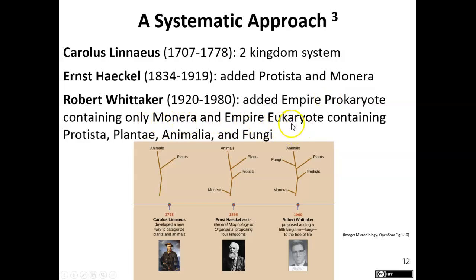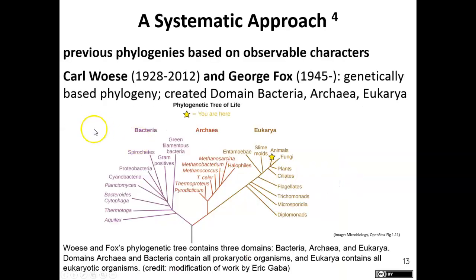So the term karyote is nucleus. Eu is true. So basically he said empire true nucleus, these guys, and empire pre-nucleus, these guys. Okay. So up until this point, we were basing everything on observable characteristics.